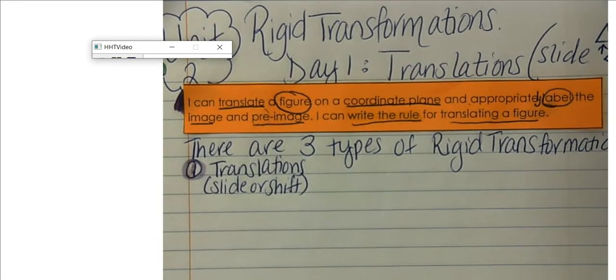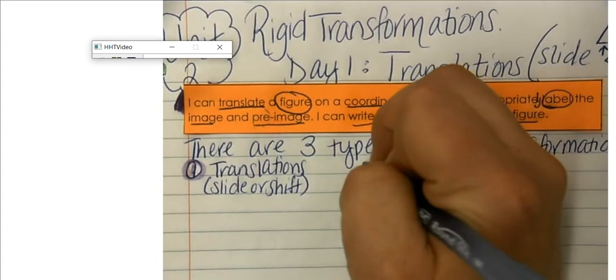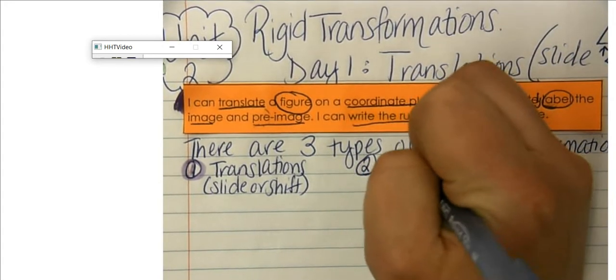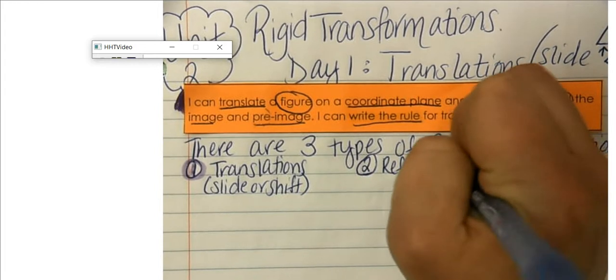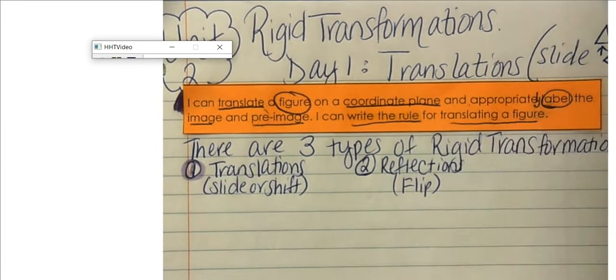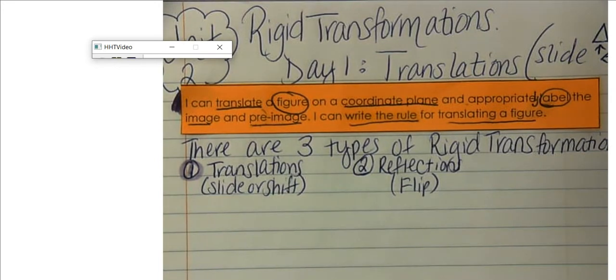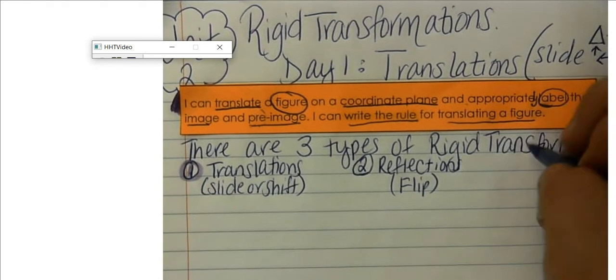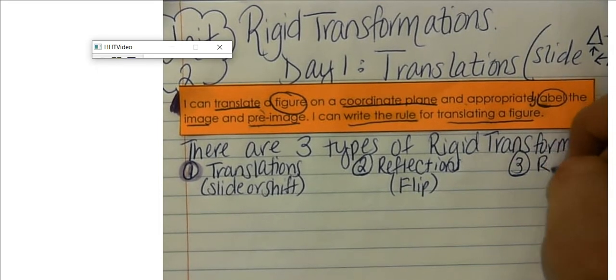The other types are, number 2, a reflection. A reflection happens whenever you flip a figure across a line of reflection, like mirroring it across an actual line. So translations, reflections, and the last one is rotations.